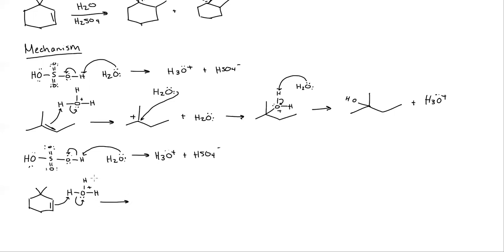And then the hydrogen goes onto one of the carbons, but the hydrogen is going to prefer to go on the bottom carbon because I want a positive charge on the top carbon, because now I can have a methyl shift.